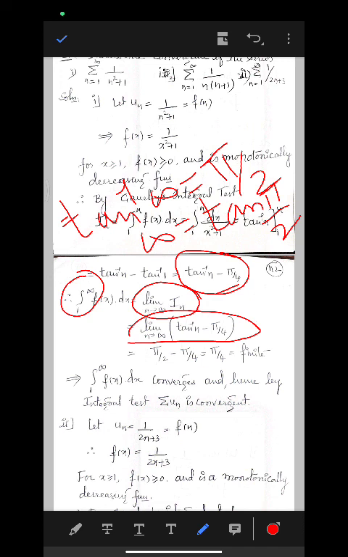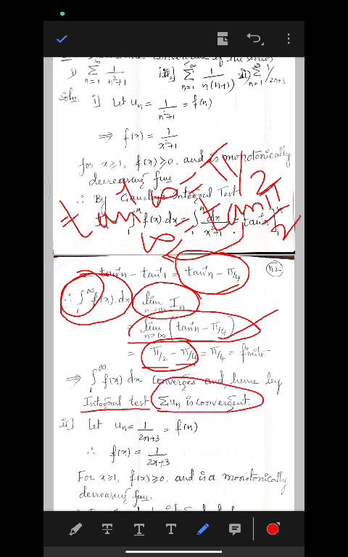Tan pi by 2 is infinity, so tan inverse of infinity is pi by 2, which is nothing but 90 degrees. Put the value pi by 2 minus pi by 4, simplify it and we get pi by 4, which is finite. Therefore the integration of 1 to infinity f of x dx is convergent, and hence by Cauchy's integral test the summation of u_n is also convergent.